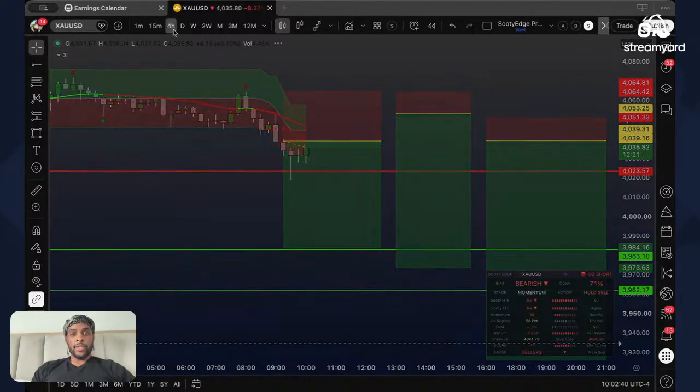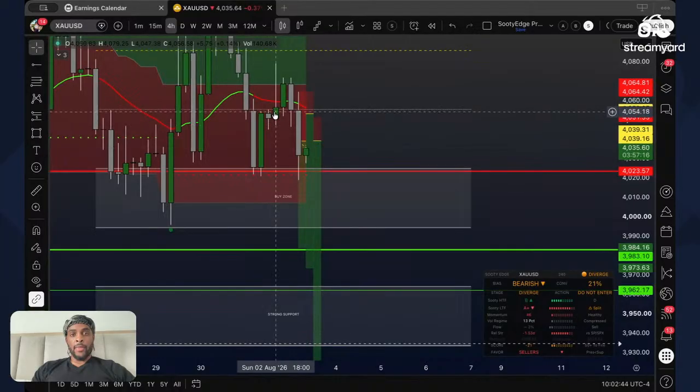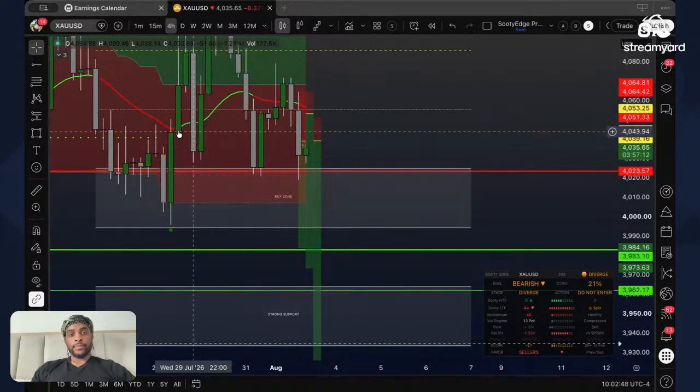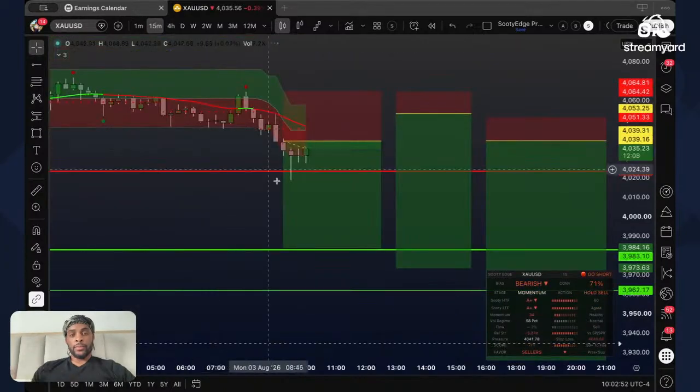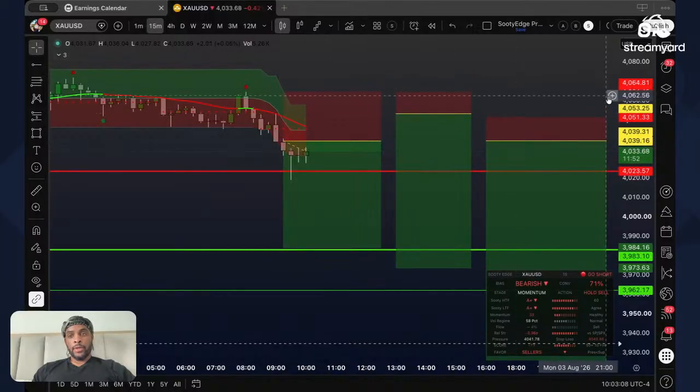So if I was to go to that 4 hour right here, they're basically gonna come all the way back up here. I've been trading long enough to know these games. Let me put an alert right here.